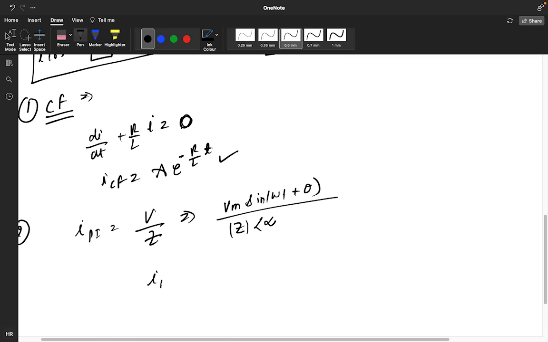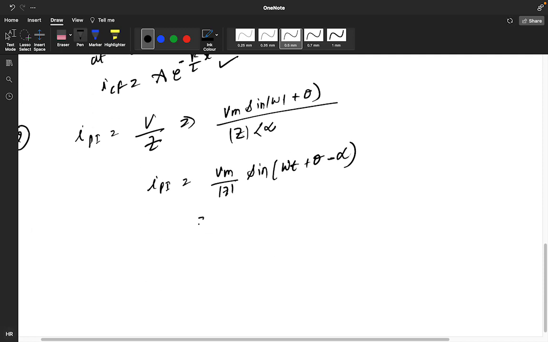So the i_PI value will be Vm by mod Z sin(omega t plus theta minus alpha). What is the value of alpha? Alpha is tan inverse of omega L by R. So this was the angle I am getting.